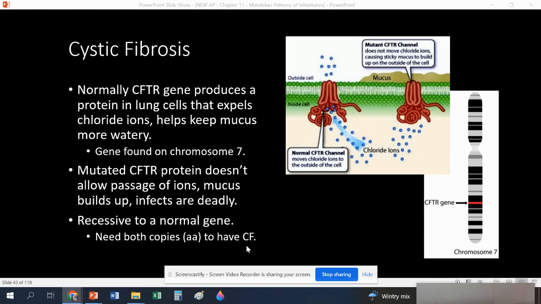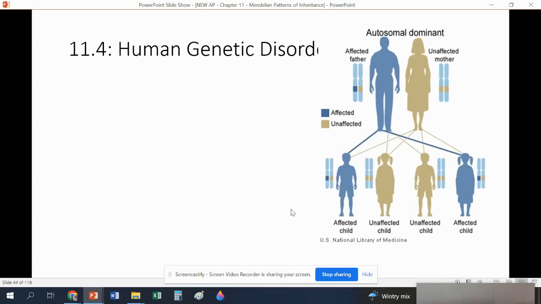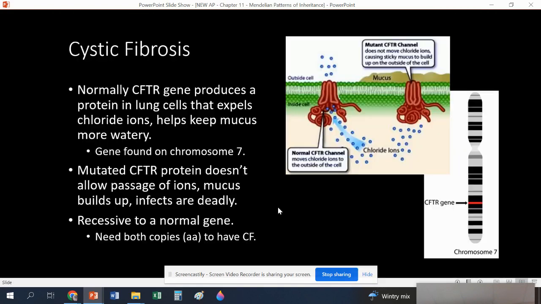The recessive gene is in people that have cystic fibrosis, and it produces a protein that doesn't work right. People that are heterozygous don't have this, but people that are homozygous recessive do. By the way, cystic fibrosis can be deadly if not treated. These are kind of deadly diseases if they go untreated.